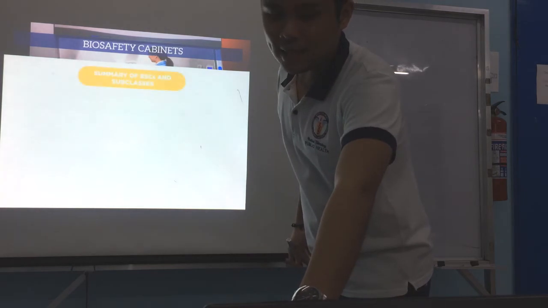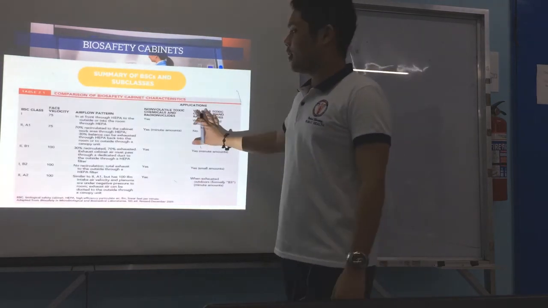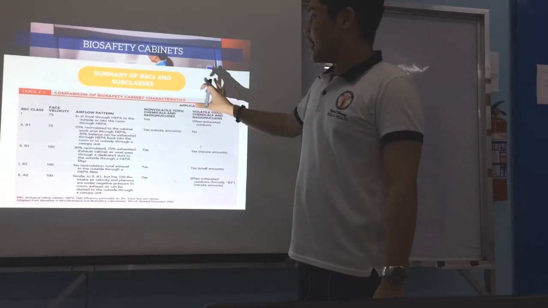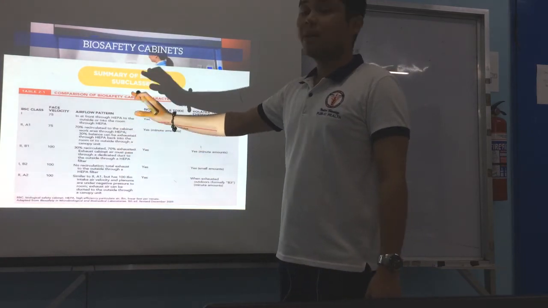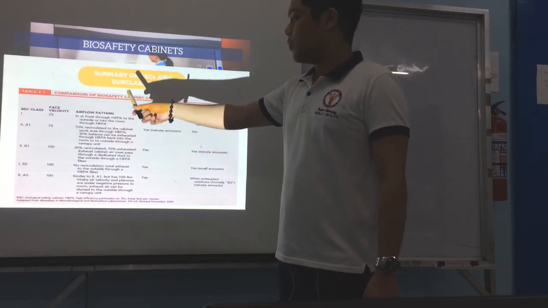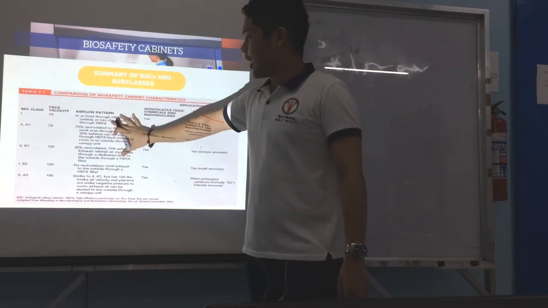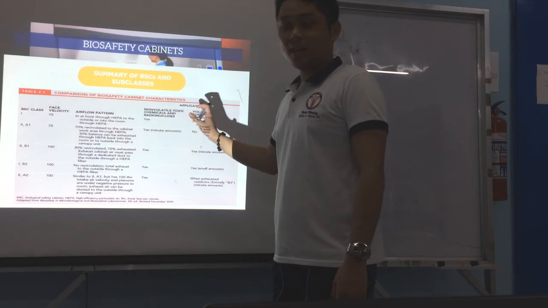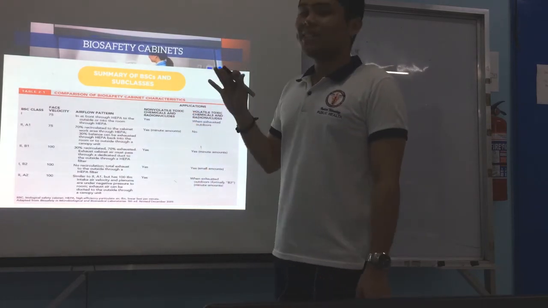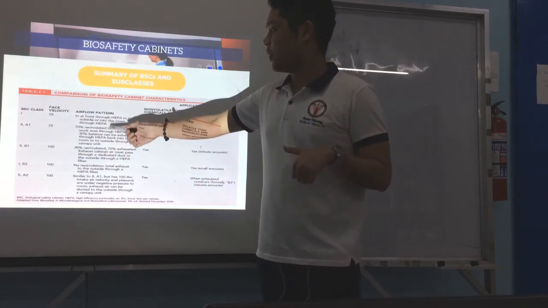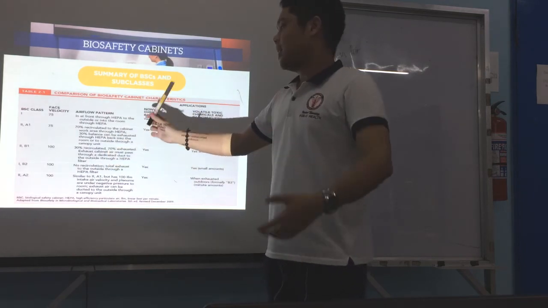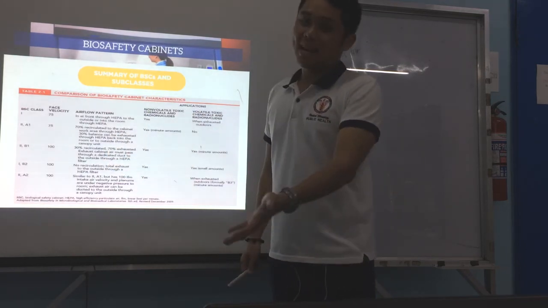And the last part for BSCs is again your summarized table. This is what I'm talking about from Bishop, which has many more classes and subclasses of BSCs. You have Class 1, Class 2A1, Class 2B1. So, they differ in airflow pattern, velocity, and so on. In the board exam, usually they ask: 70% recirculated air, which class is it? 30% recirculated, which class? Something like that.